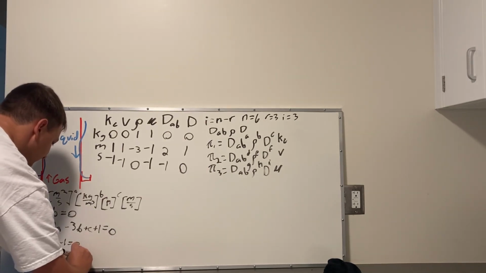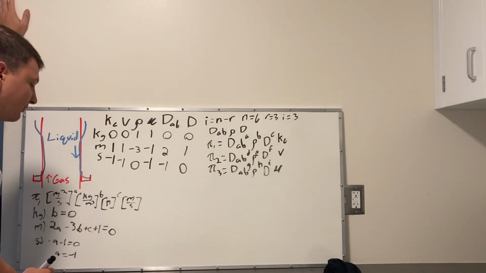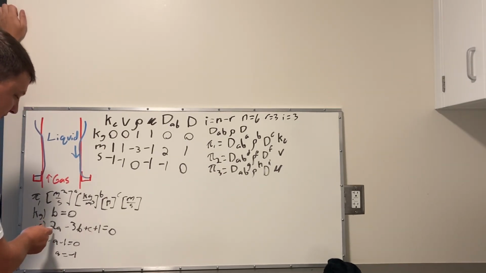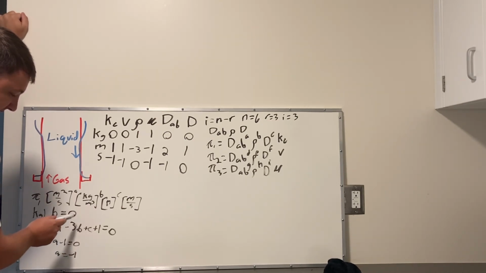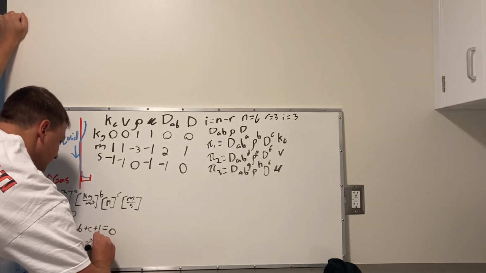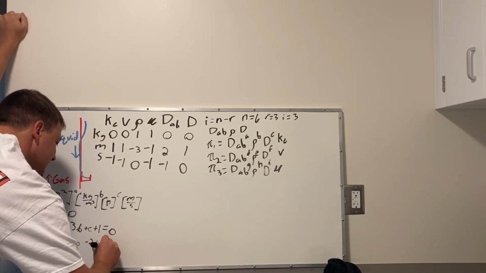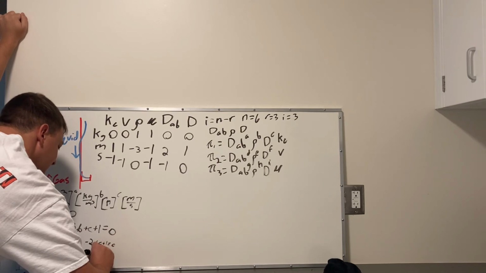A equals negative 1. So using B equals 0 and A is negative 1, we get negative 2 minus 0 plus C plus 1.